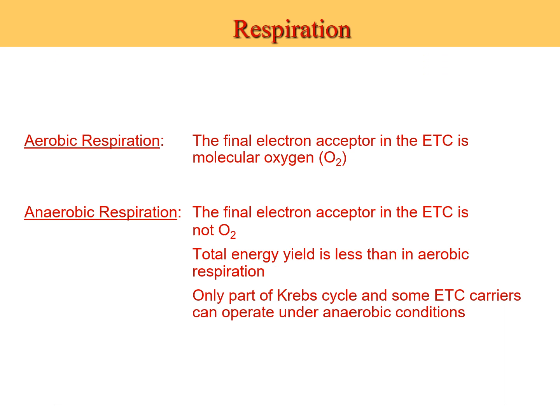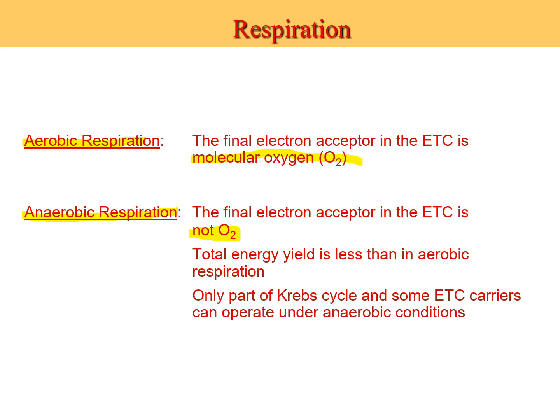Now, in aerobic respiration, the final electron acceptor in the electron transport chain is molecular oxygen. During anaerobic respiration, the final electron acceptor is not oxygen. The overall total energy yield is much less in anaerobic than aerobic respiration.